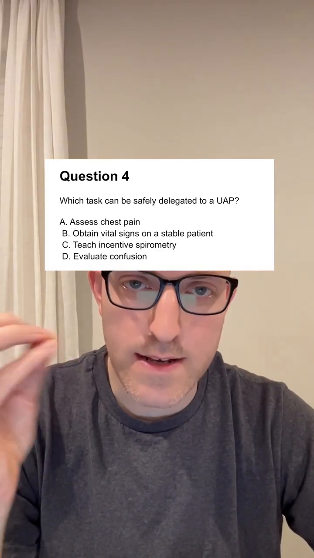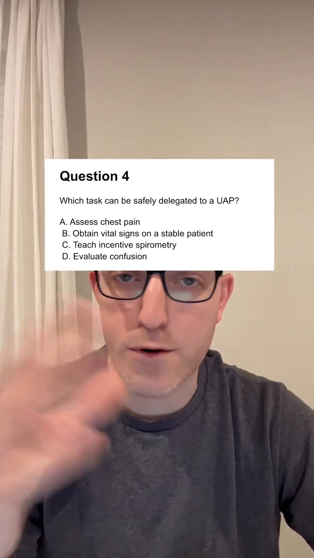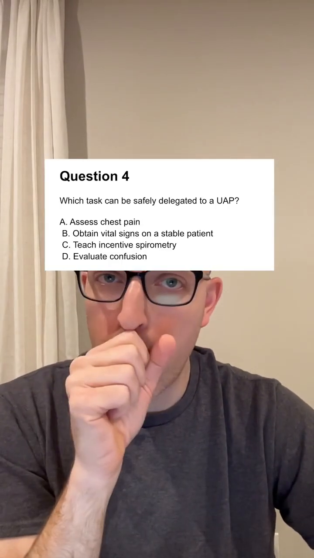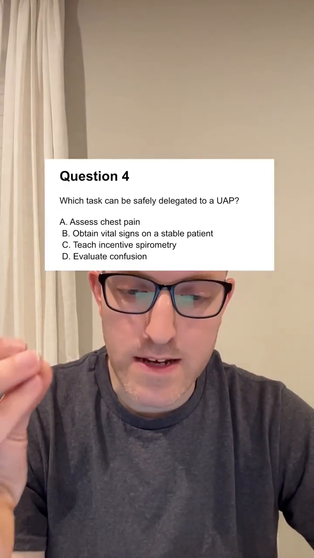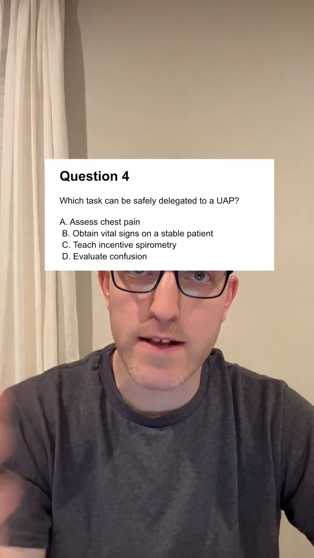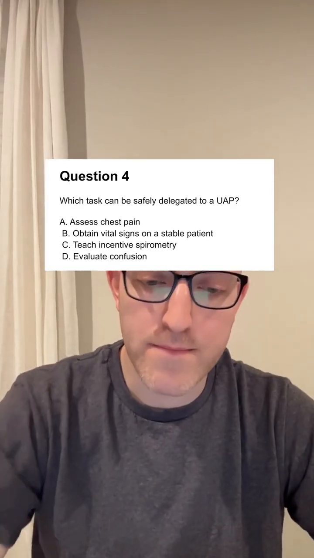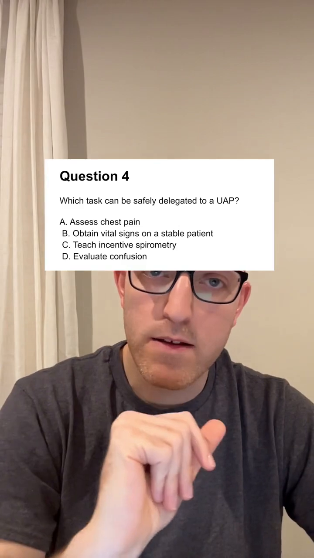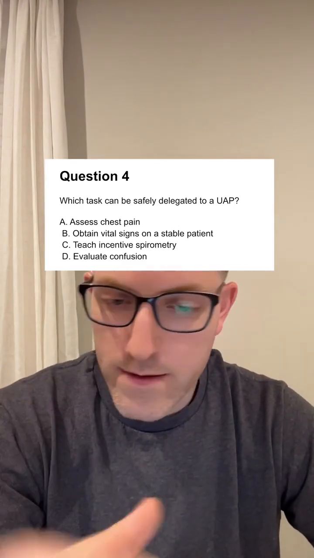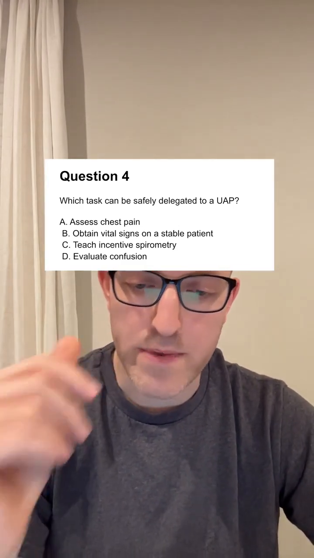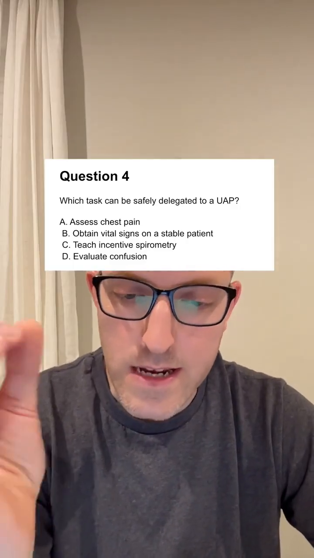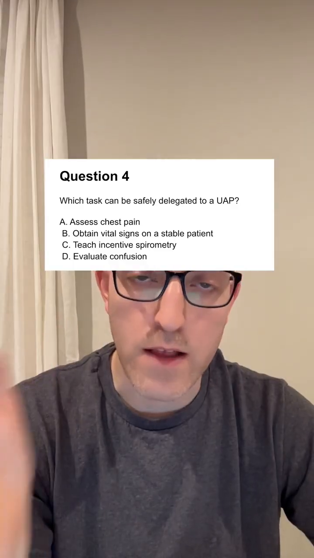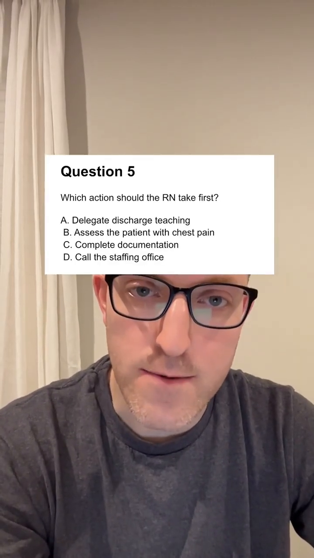UAP stands for unlicensed assistive personnel. Those are your CNAs on the floor. Question 4 is asking us to generate solutions. The solution we have generated is to delegate a task to a UAP on a stable patient. A, C, and D require RN judgment or teaching, so those are all things that the RN has to do.